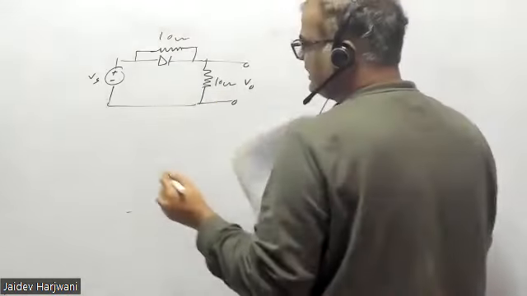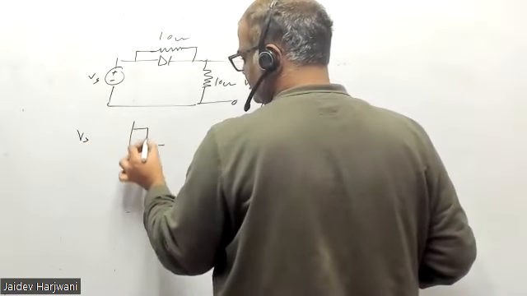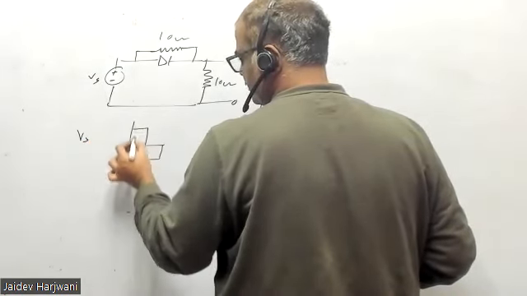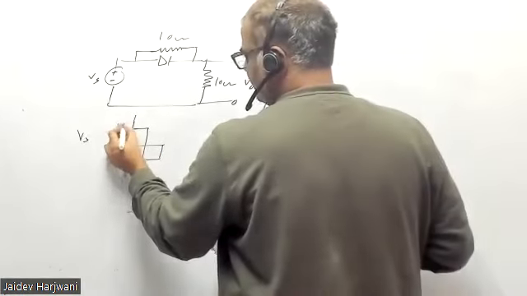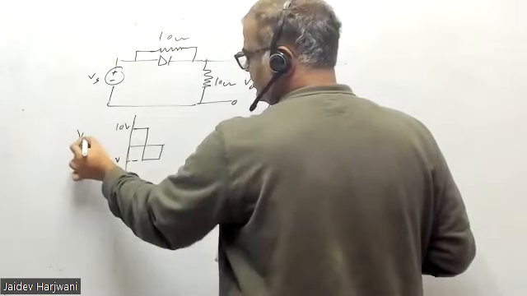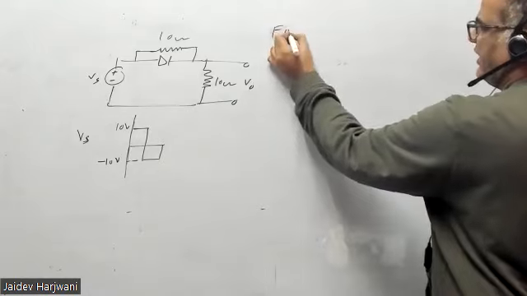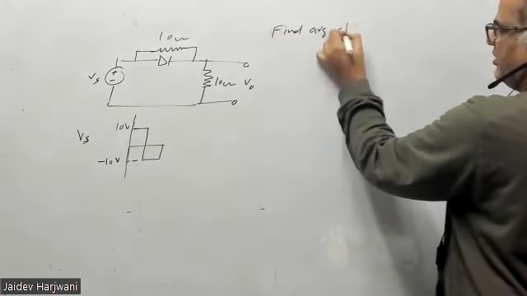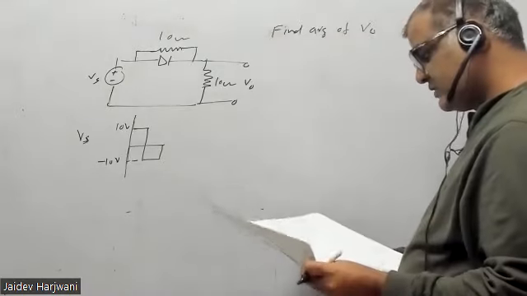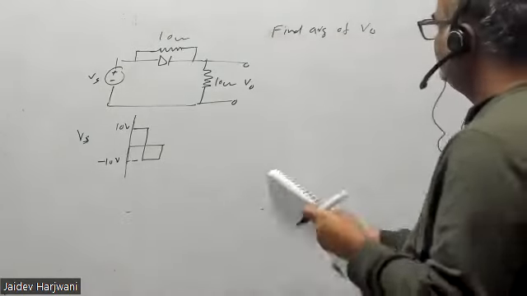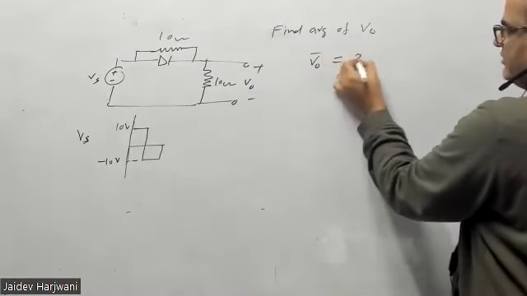This time your input is a square wave, not a sine wave, a square wave of 10 volts. Can you find the average of V naught? I'm giving you the answer also: the average of V naught will come 2.5 volt.